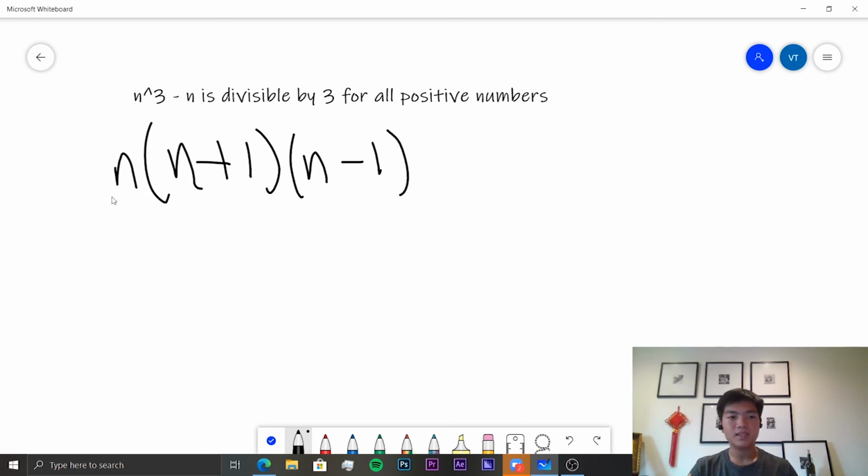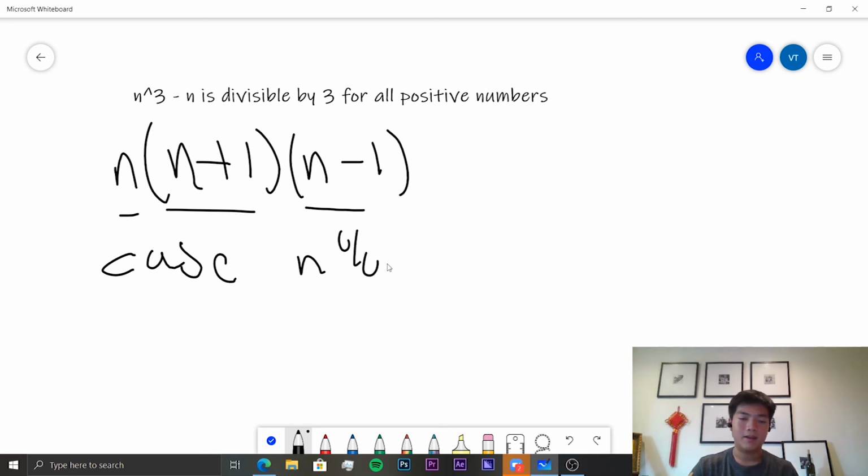Because we're getting 3 consecutive numbers, n minus 1, n, and n plus 1, obviously one of these numbers has to be divisible by 3. Say, for the case n modulo 3, which is the remainder, is equal to 0, of course it's divisible.